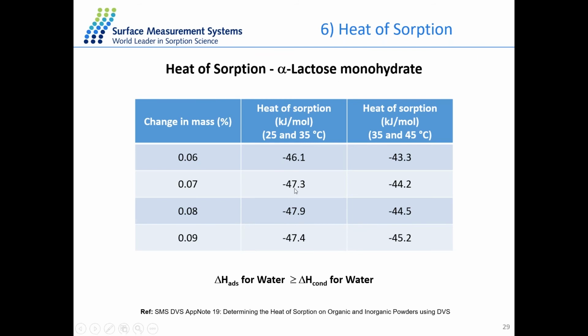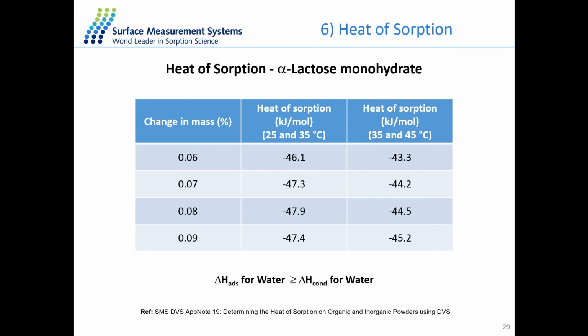And this value has very good agreement with the heat of evaporation for water at 25 degrees, which is about 44 kilojoules per mole. This indicates that the water molecules in the vapor phase are interacting mostly with other water molecules, not the lactose surface, just a condensation mechanism.